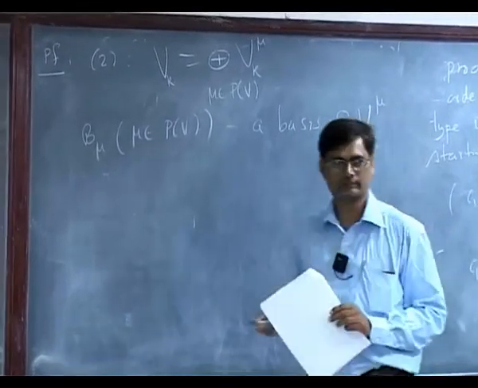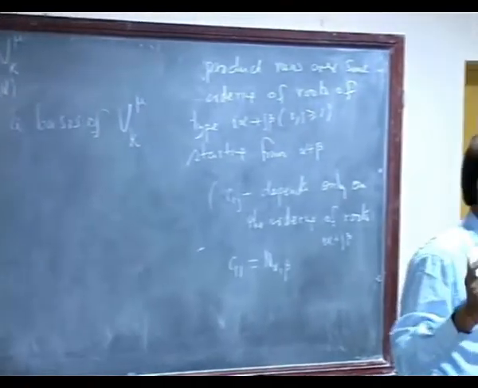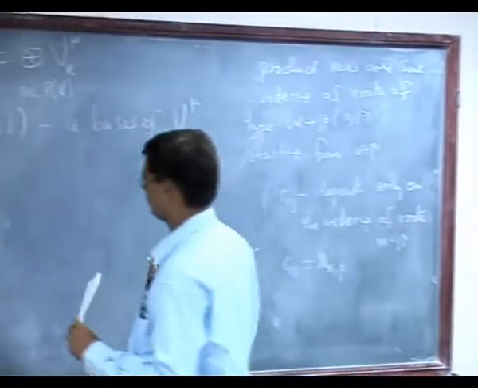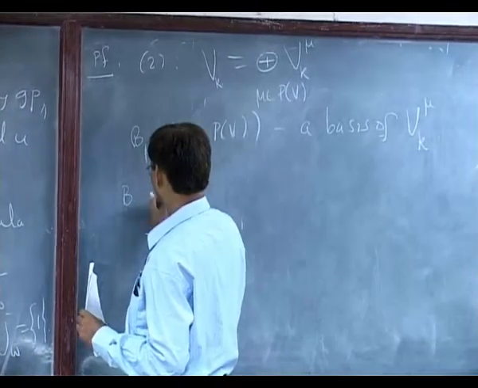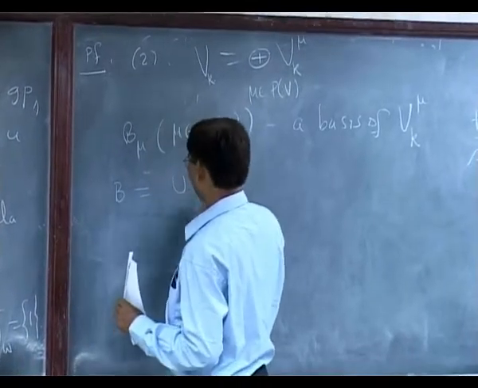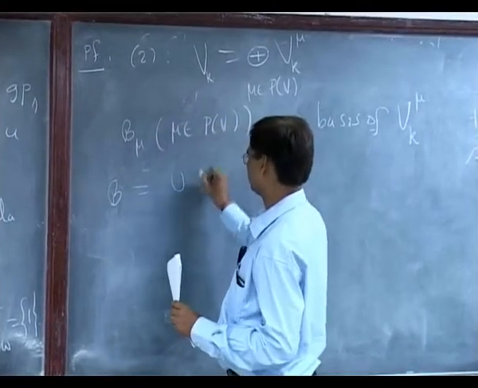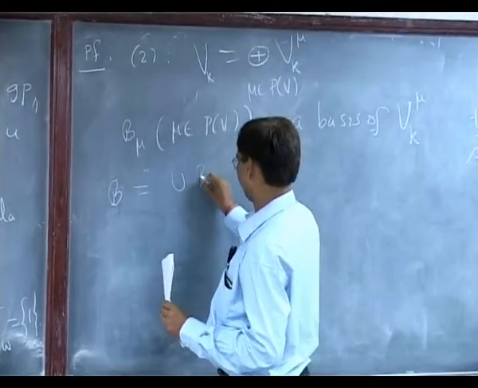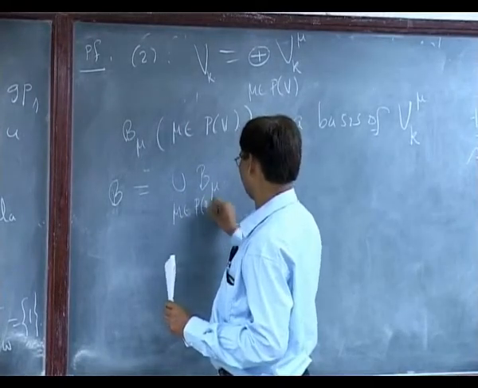Give some ordering and take the basis B. This basis B is the union of all B_mu, mu in P(V).